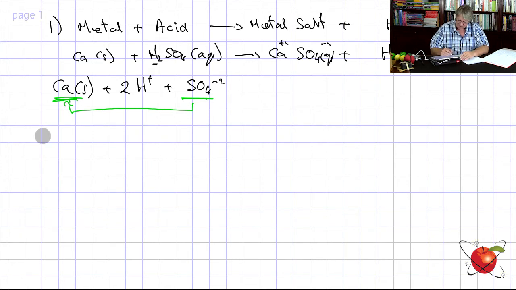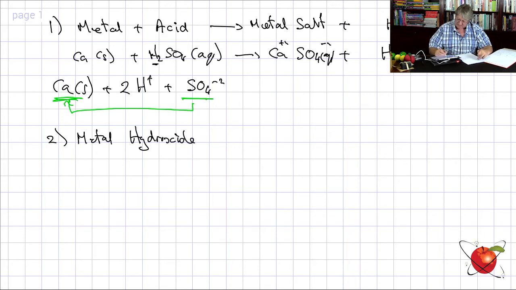The second one that we're going to do. Now we've got a metal hydroxide plus an acid. Okay? Hydroxide is an OH, isn't it? So it's a metal hydroxide, and an acid, all right?